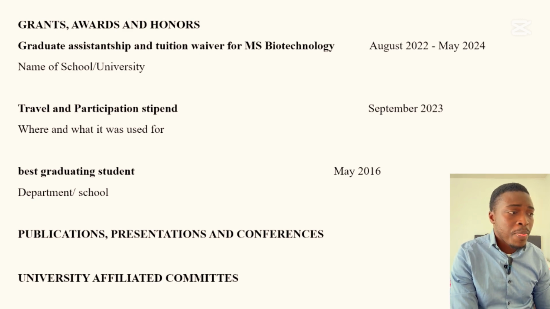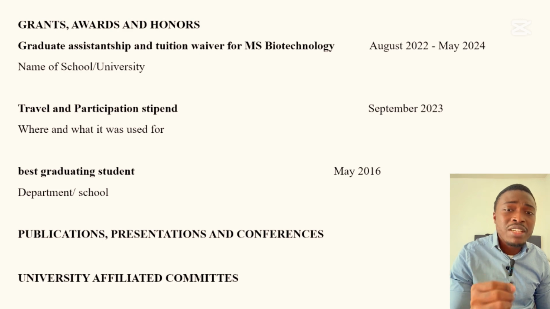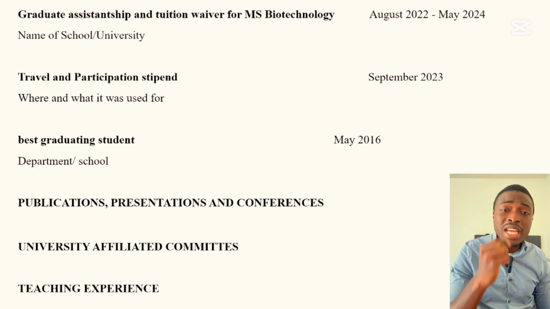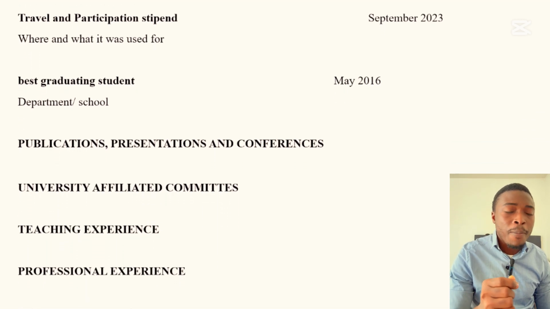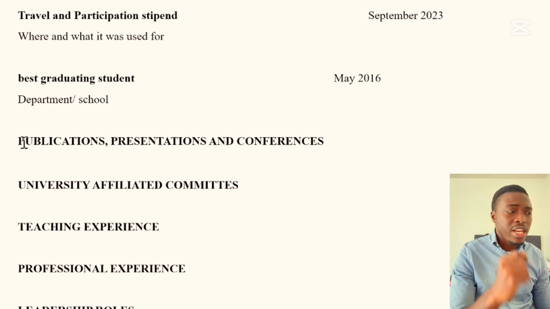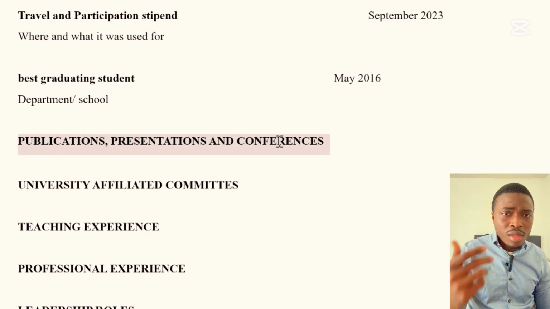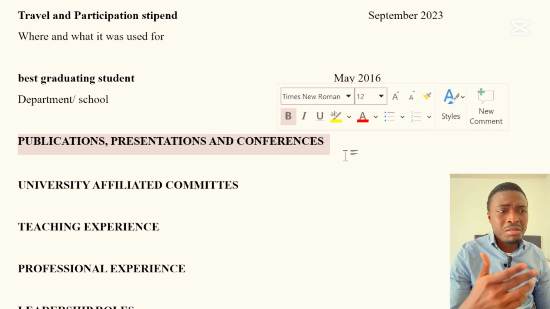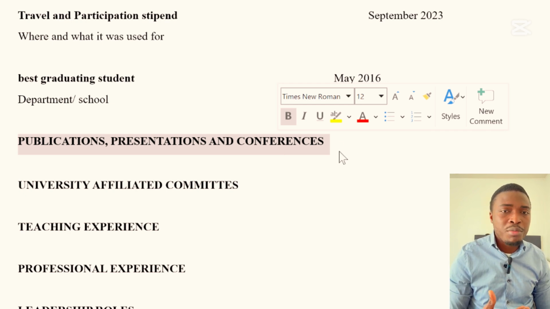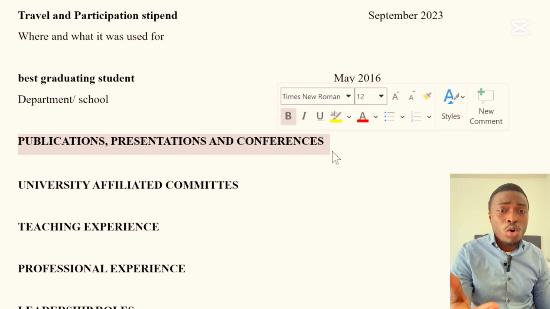Now, after that, you move on to talk about if you have received any award, any grant, or any honor. Where did you get it? What was it about? Maybe you received a scholarship in your school, maybe in your final year, or maybe there was an award you were given.